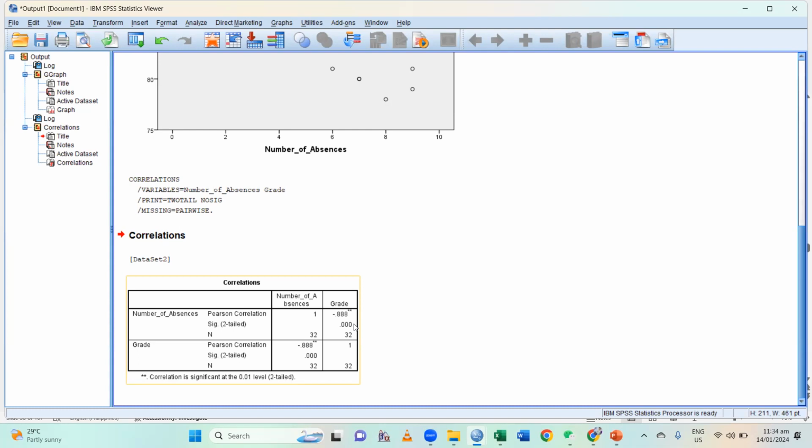If it is less than 0.05, our alpha for our class, then it's significant. But if it is greater than 0.05, then it is not significant. So in this case, there is a significant negative relationship between number of absences and grades. So again, for clarification, is number of absences related with grades? Yes or no?